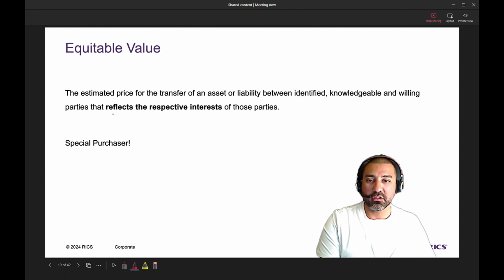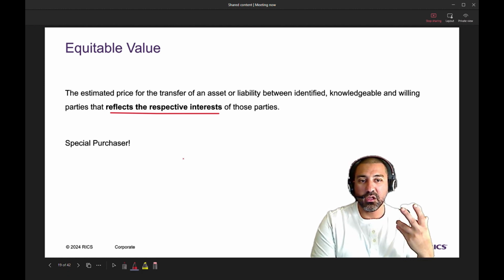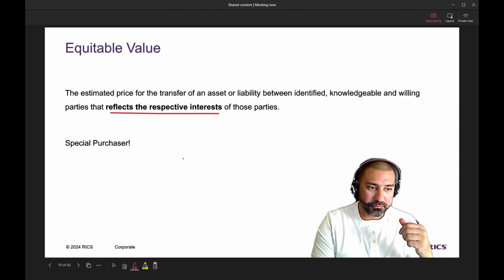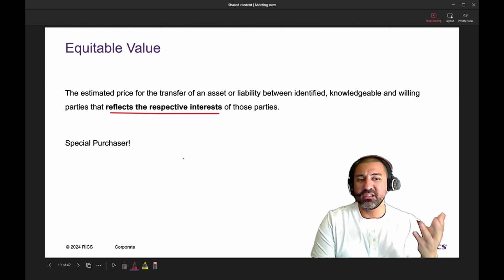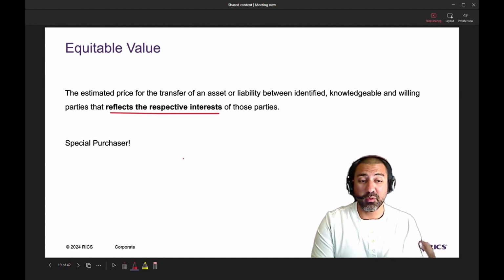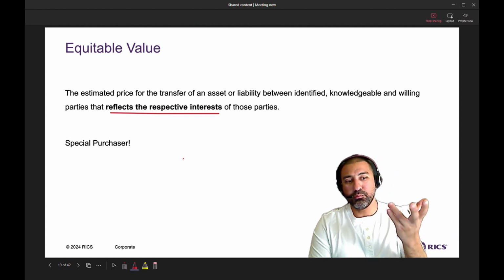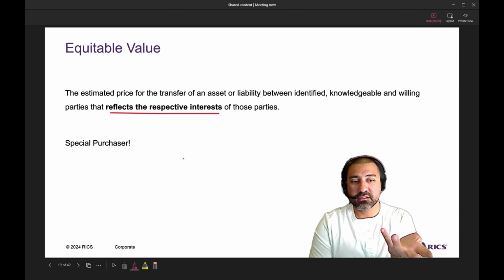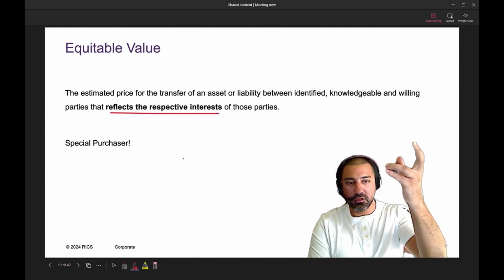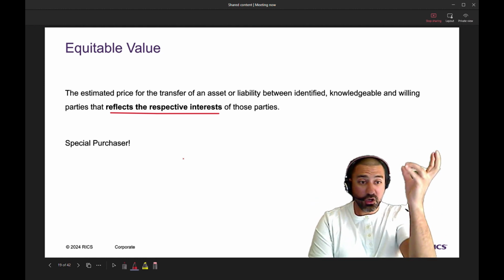Equitable value, on the other hand, reflects the prospective interests of two parties. Let's say an example of this. It happens a lot. The owner of a company, let's say it's a private company, a family business, decides that the company is going to lease the office from a specific asset which the founder owns.